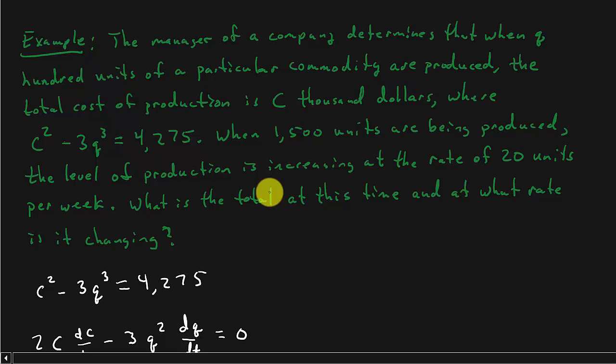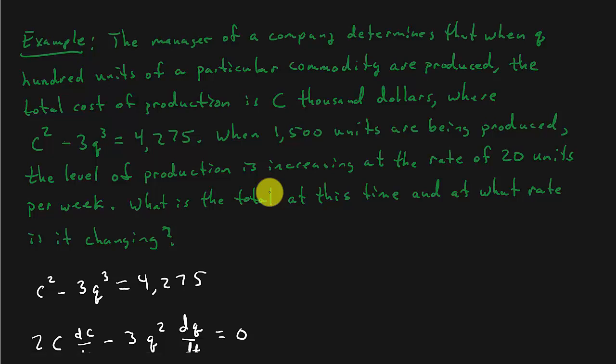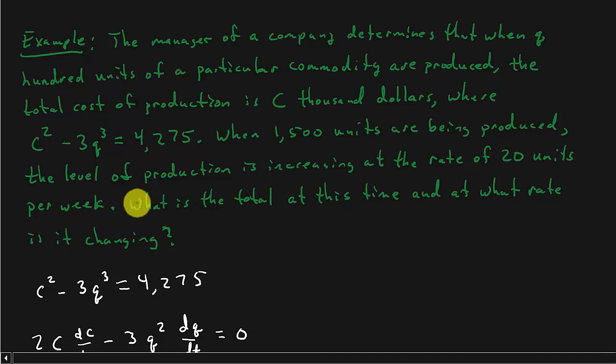Okay? So what are we actually trying to find here? The level of production is increasing at that rate. What is the total at this time, and at what rate is it changing?